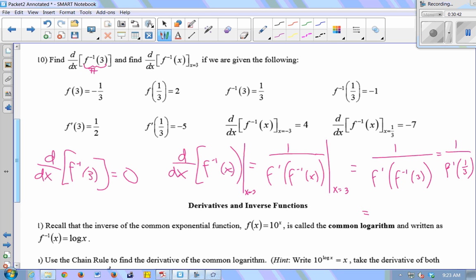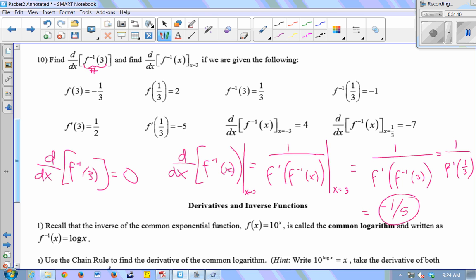So this is -1/5. Does that make sense? Just plug it into the formula.